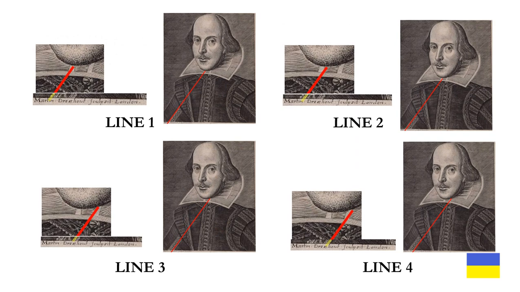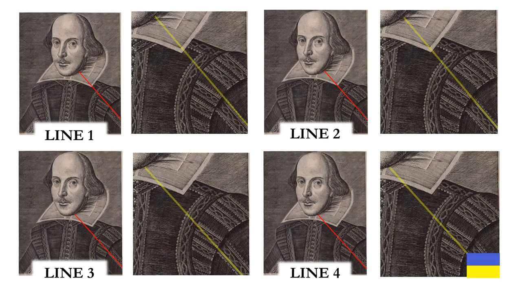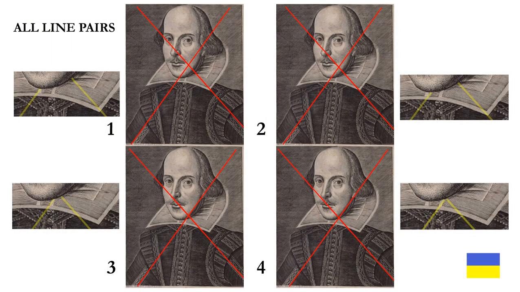We have 4 different left-hand arm lines that connect through specific points in the doublet and the collar ruff. We have 4 corresponding lines from the right-hand side of the doublet. We can make 4 line pairs out of all these lines.